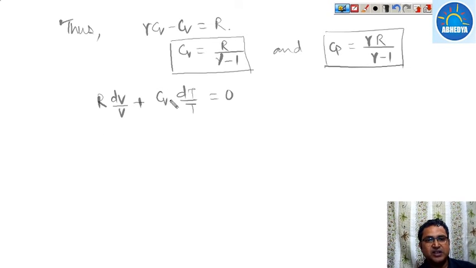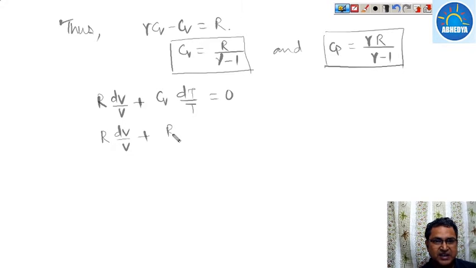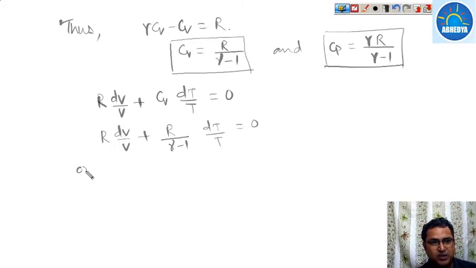Now putting the value of Cv, R dV over V plus R upon gamma minus 1 dT upon T is equal to 0, or gamma minus 1 dV upon V plus dT upon T is equal to 0.